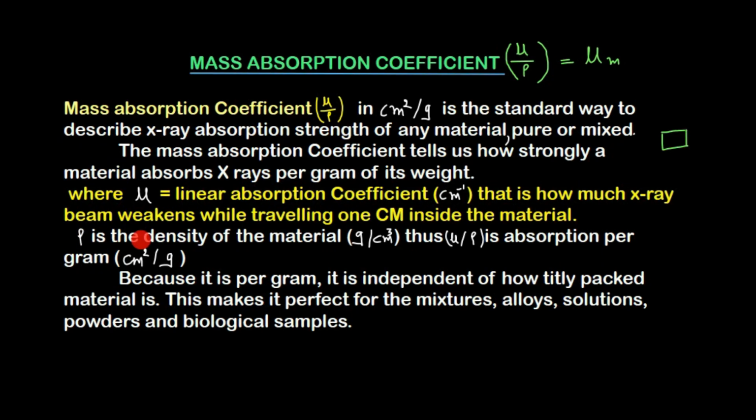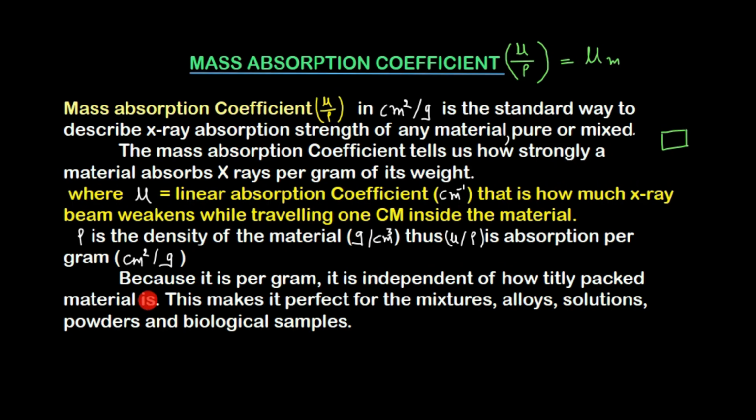Rho is the density of the material, in gram per centimeter cube, and thus mu by rho is the absorption per gram, right? Because it is per gram, it is independent of how tightly the material is packed. That means there is no importance of the packing of the material, whether it is perfectly packed or not.